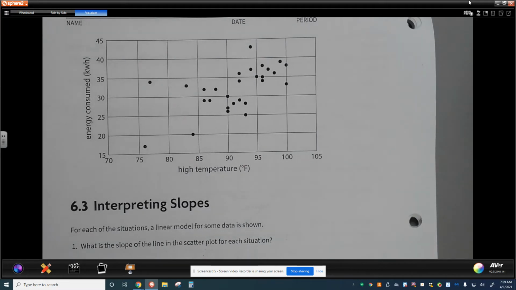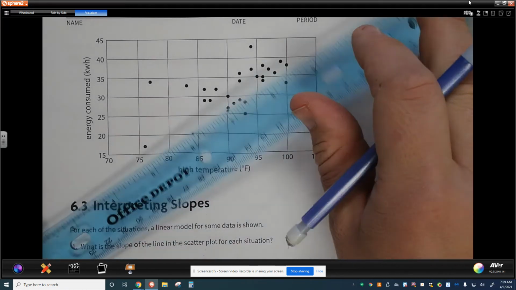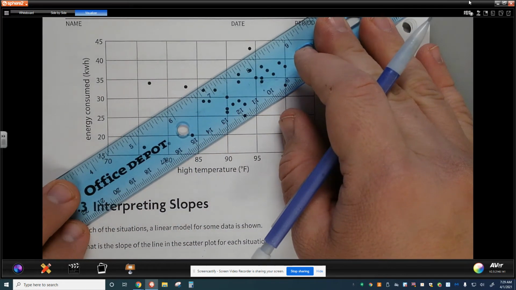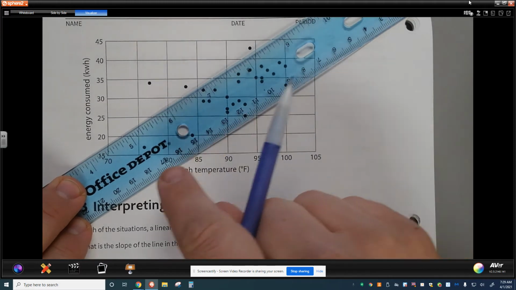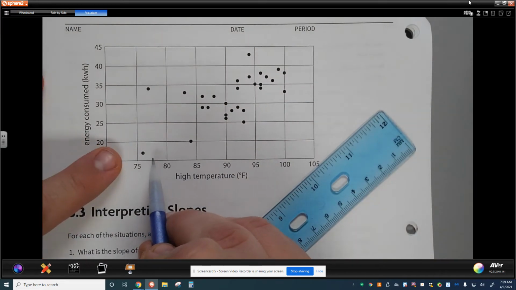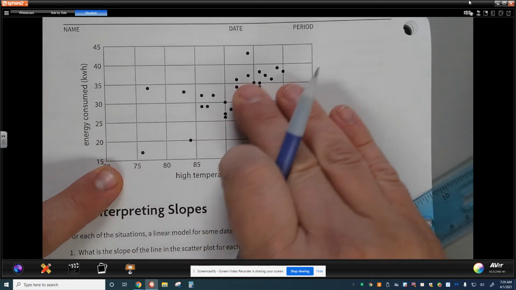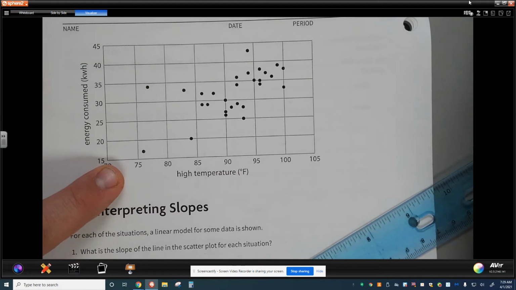With this one, it might be tempting to say there's no association. But when I set my ruler across here, you can see a pretty clear pattern that all these data start at a fairly low point, 75 degrees, and then the temperature increases, and the energy consumed increases too.